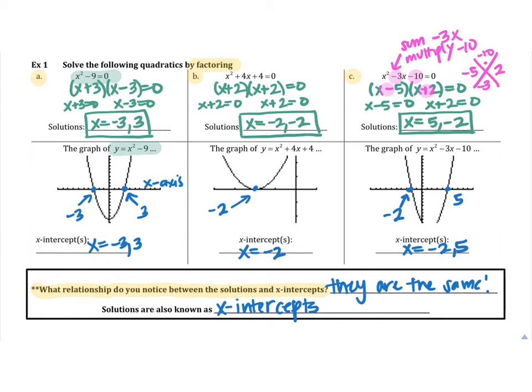X-intercepts is the same thing as solutions, which is the same thing as zeros. So these words: solution, x-intercept, zero, and roots. These are all the same. These words are interchangeable. They all mean the same thing.